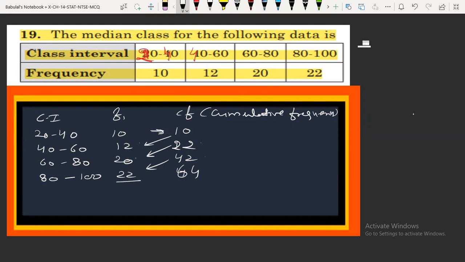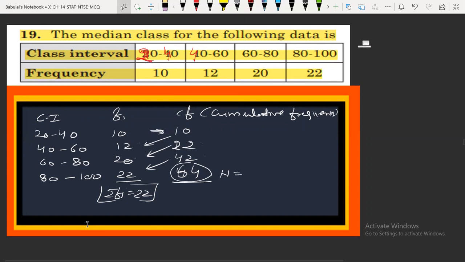अब जब इनका सबका ऐड लोगे, F1 का 10 प्लस 12 प्लस 20 प्लस 22, तो जो सारी फ्रीक्वेंसी का सम आएगा, और जब ये लास्ट वाला जो सम करने के बाद फ्रीक्वेंसी आता है, दिस विल बी not 22, that will be 64. सारी फ्रीक्वेंसी का जो सम आता है वही आपको ऐड करने के बाद ये लास्ट सम आएगा. सो n is equal to 64.